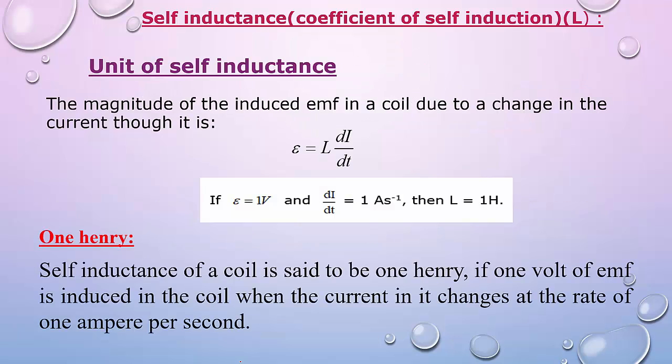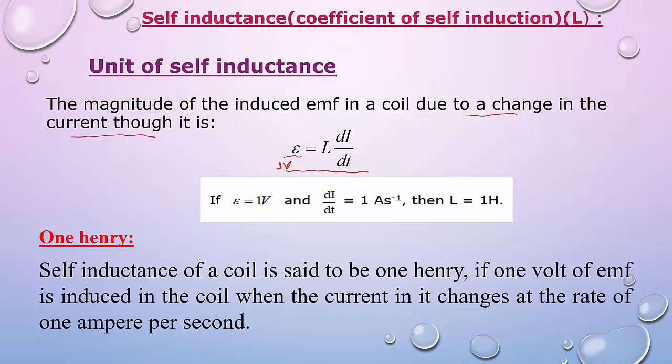Right, then the unit of self-inductance. What is the SI unit of self-inductance? Observe here. The magnitude of induced EMF in the coil due to a change in the current through it is given by the equation E equal to L into di by dt. Here E equal to 1 volt.